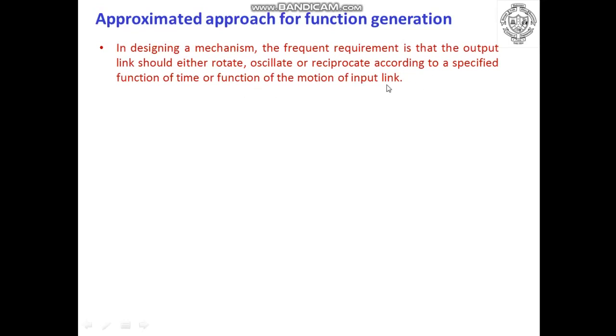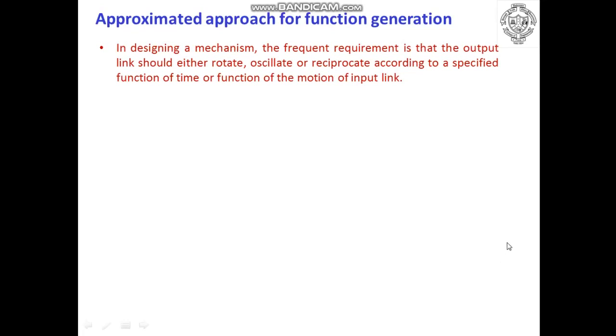That means if the required motion is rotation or oscillation or reciprocation, which needs to be specified according to the function of time or with respect to motion of the input link, such a problem can be considered in function generation.